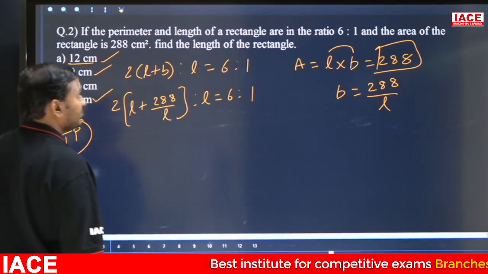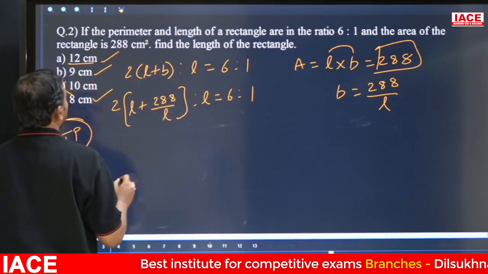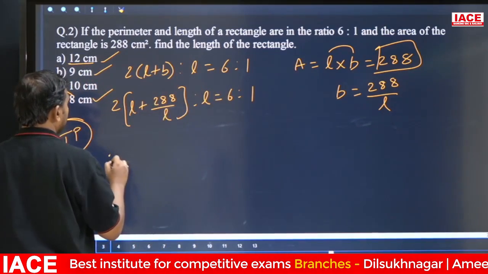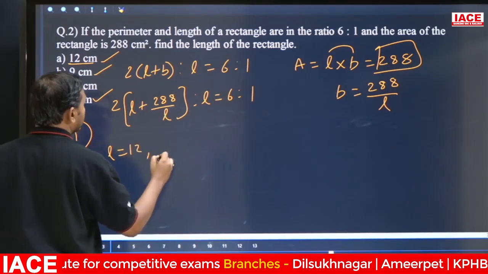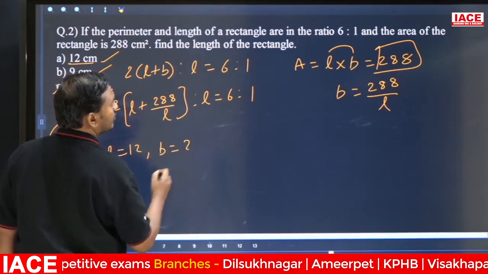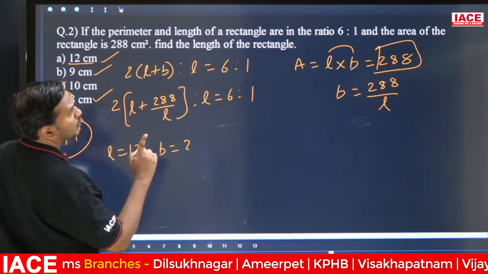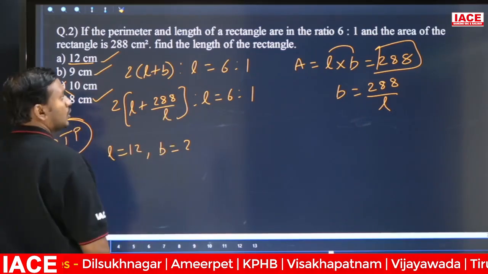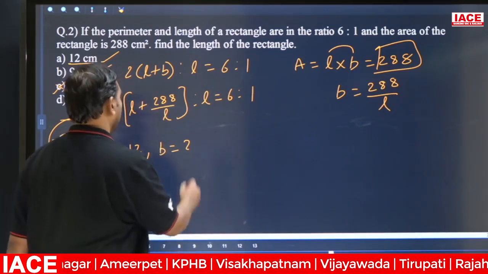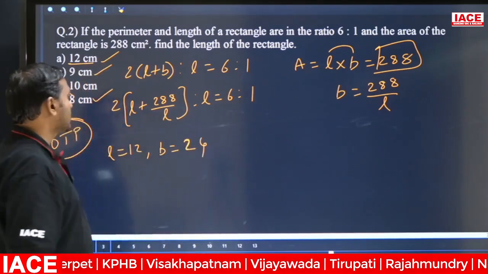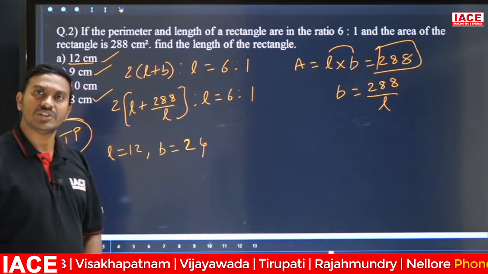First step, L into B. If L is 12, what is B? B is 24, because 12 twos are 24.